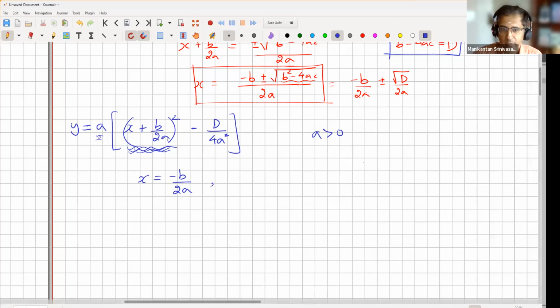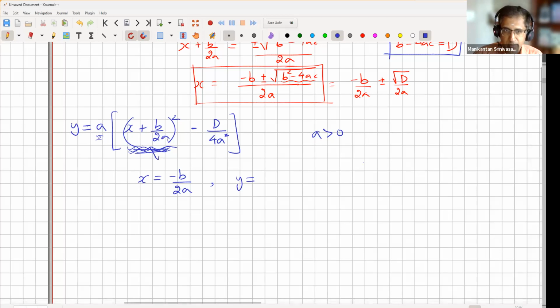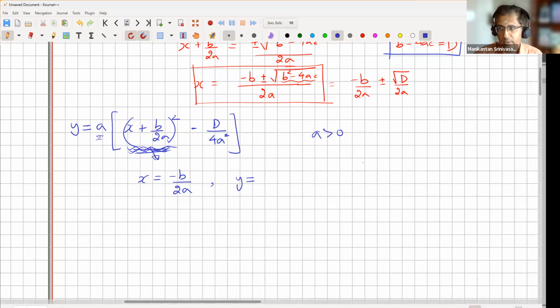And what is that minimum value? When you say what is that minimum value, I mean what is the value for y? By putting x equal to minus b by 2a, by construction, this becomes 0. Minus b by 2a plus b by 2a, the whole square is 0. So all I'm left with is a times minus d by 4a square, which is minus d by 4a.